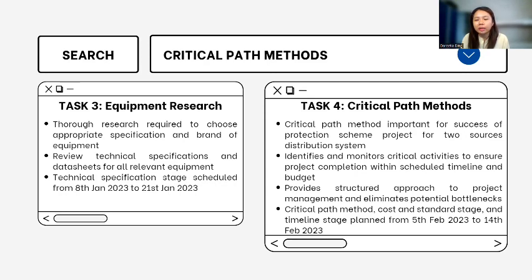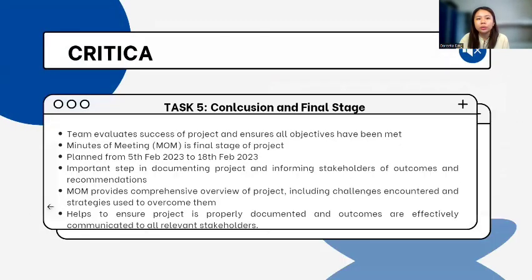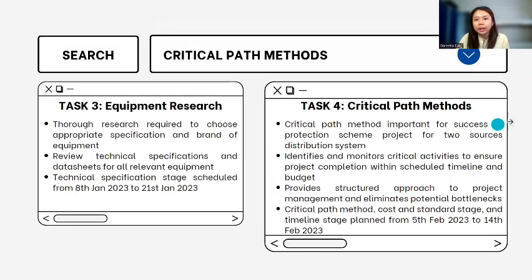The critical path method, cost and standard stage and timeline stage is planned from 5th of February until 14th of February. So it takes about 2 weeks. No, sorry, it takes about 10 days.